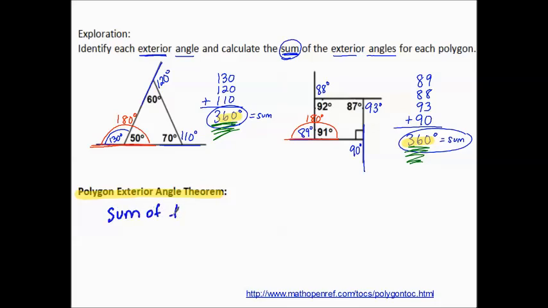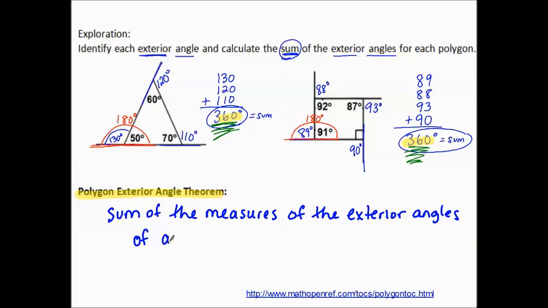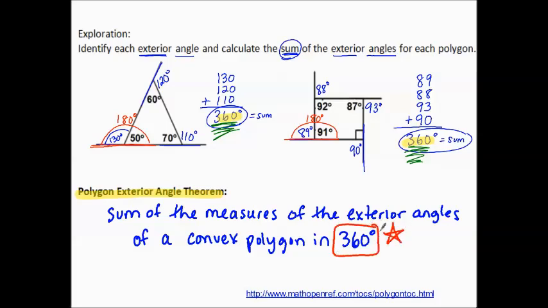The sum of the measures of the exterior angles of any convex polygon is 360 degrees. No fancy formula for this one, but still something that you will need to memorize.